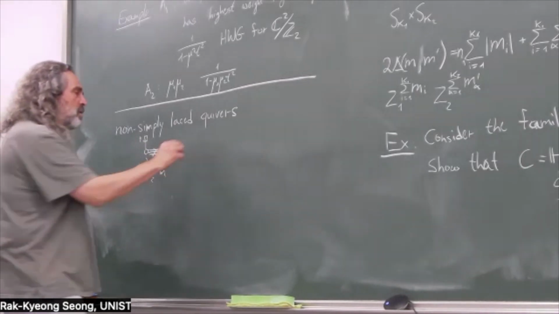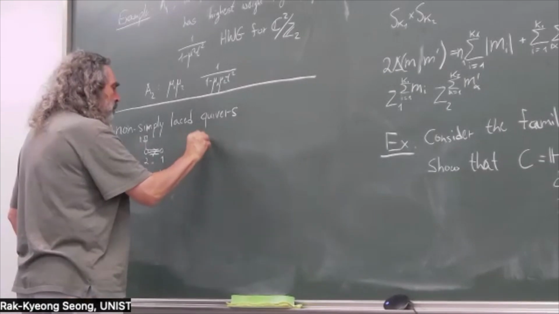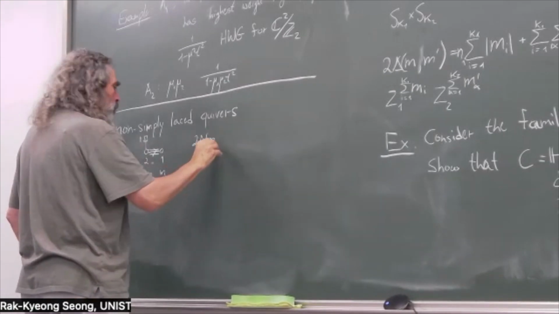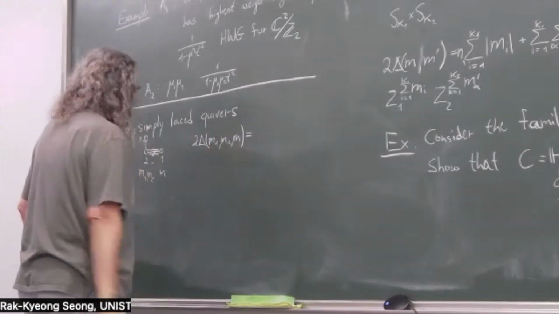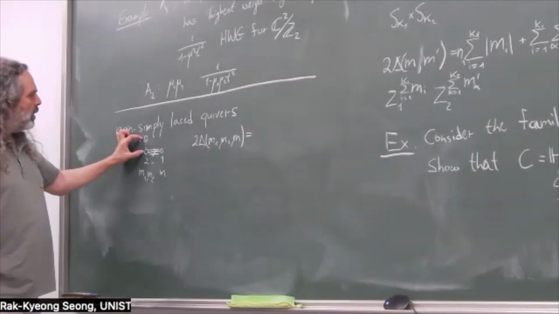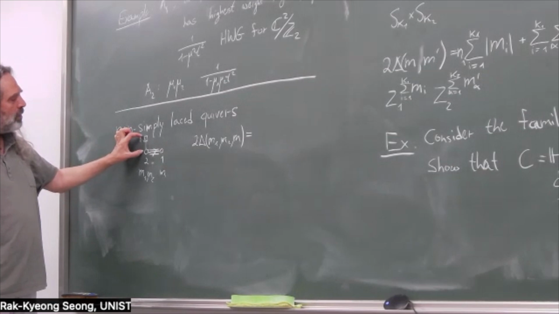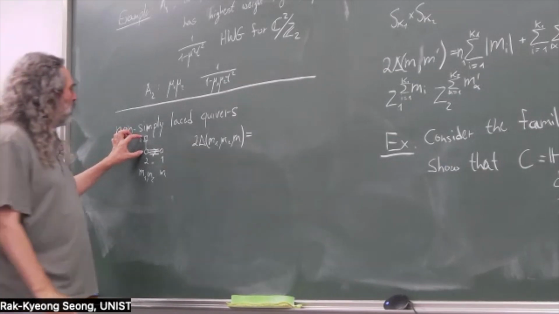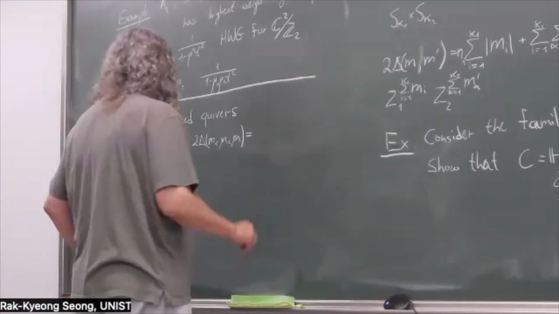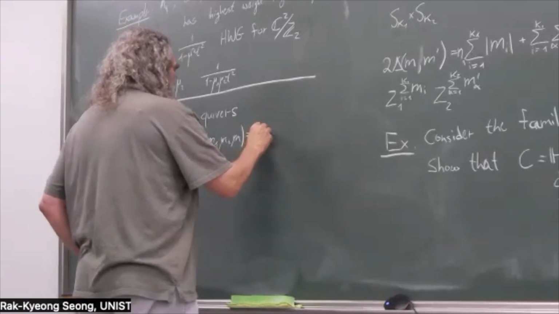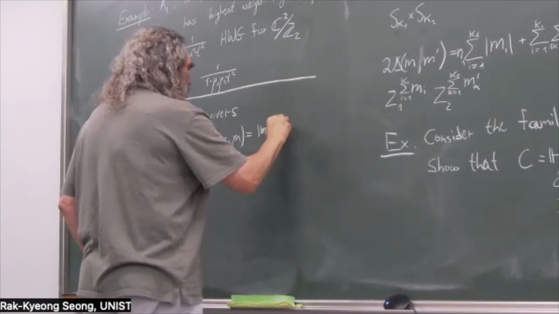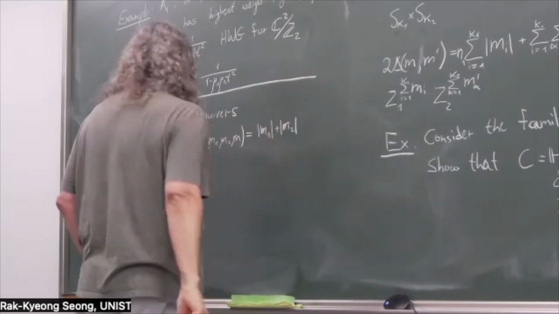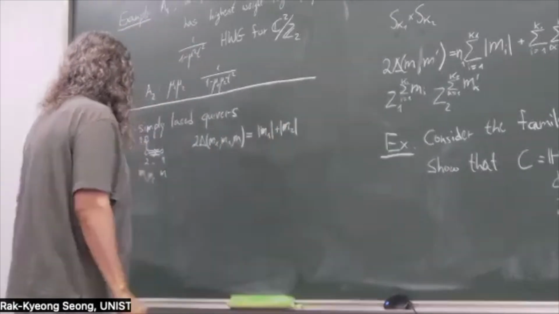So let's write the expression for 2 delta of M1, M2, and M. So the easy contribution is from here. I will have M1 and M2. So that's for the edge.